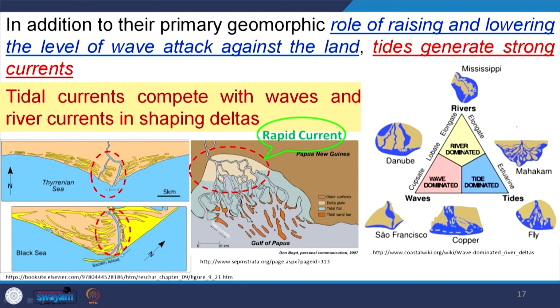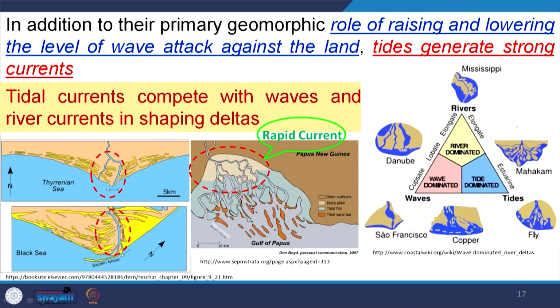At low tide the wave is acting at this level, and at high tide the wave is acting at that level. So, erosion will occur at this level.